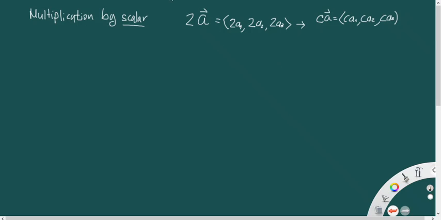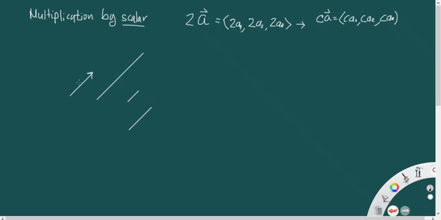Okay, if we draw this, let's draw little vectors here. So this is vector number 1, and let's figure here some examples.